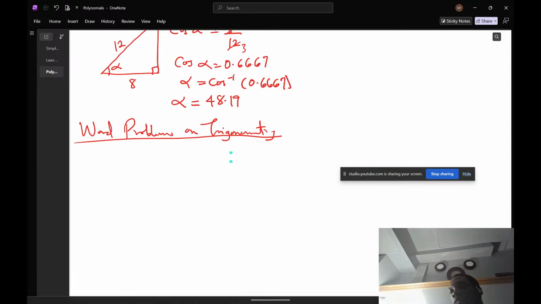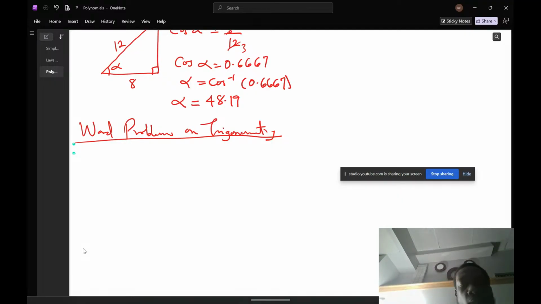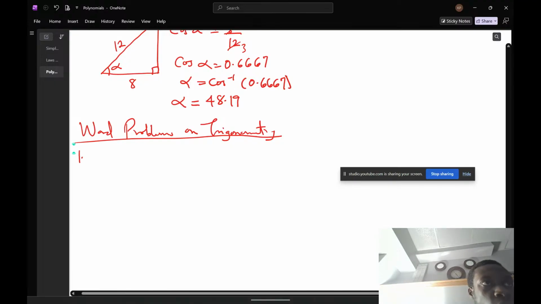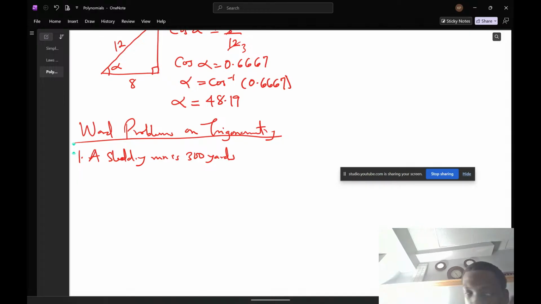Okay, I was able to get some exercises on trigonometry. So the first question says a sledding run is 300 yards long with a vertical drop of 27.6 yards.